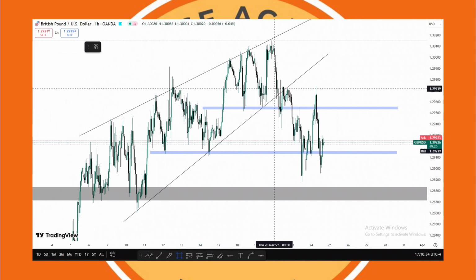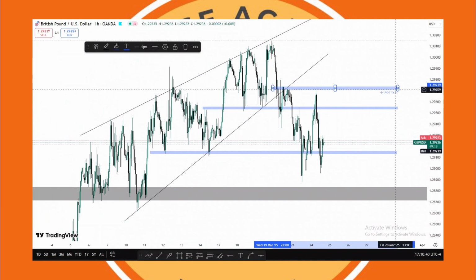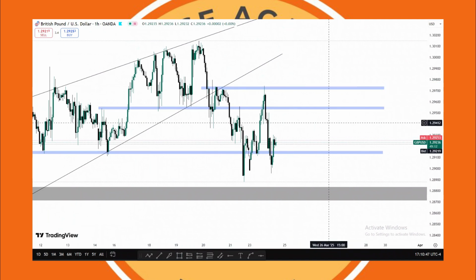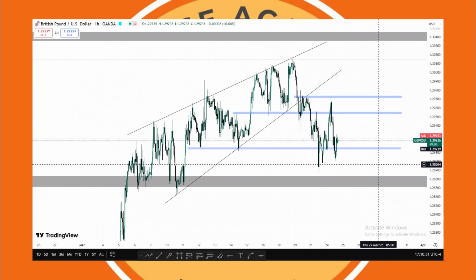And then I see this as well. This is where price reversed. So it used this high. Okay.